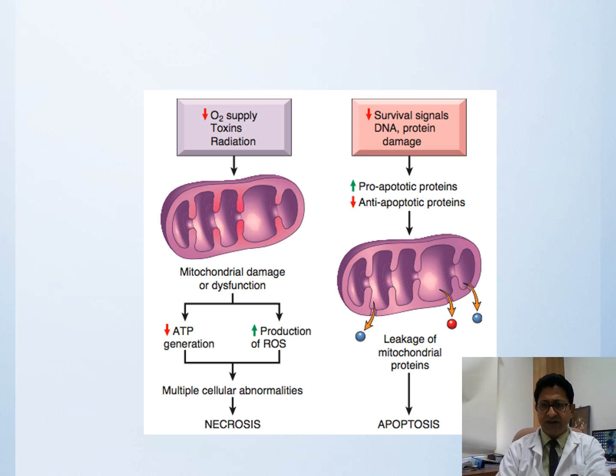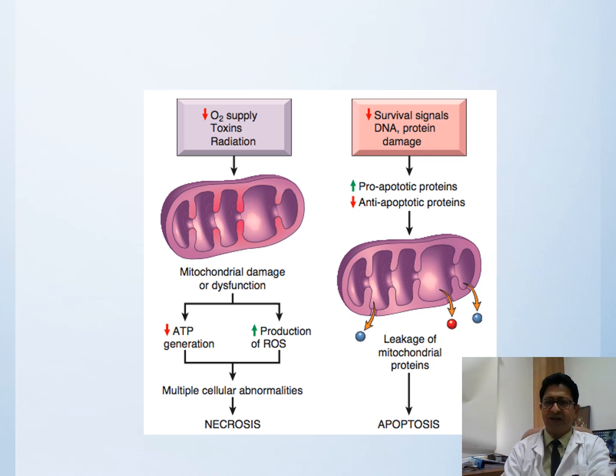When you look into the other aspect, whenever there is decreased survival signals and DNA or protein damage, there can be pro-apoptotic proteins which can be introduced, as a result of which there can be anti-apoptotic proteins which will have their effect on the mitochondria.